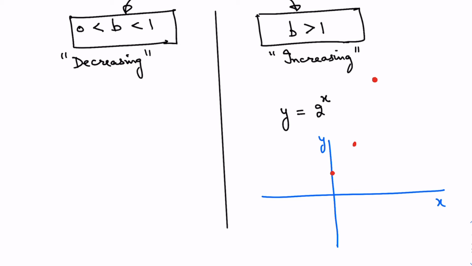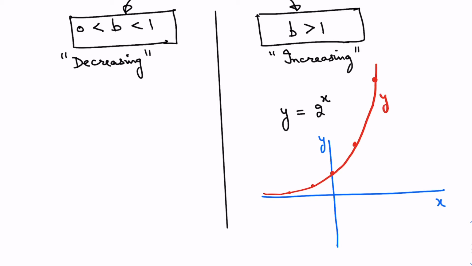And similarly, if I go on placing negative values of x, at x equal to -1, I get half. So that means the dot is going to be here. At -2, it's going to be 1/4. So we get the idea that if I join all these points, our graph is going to look like this.